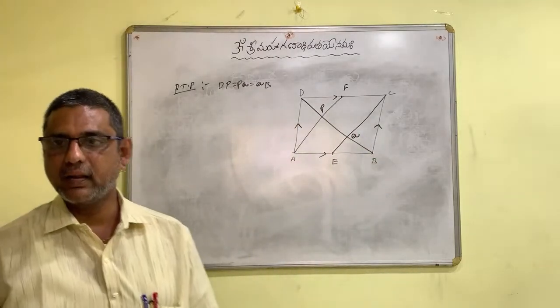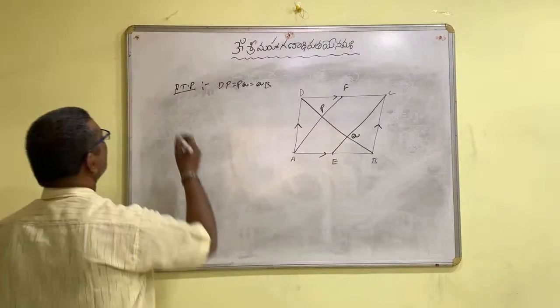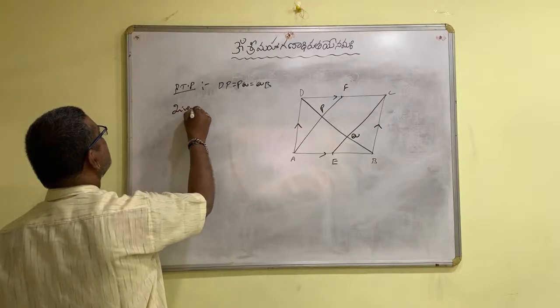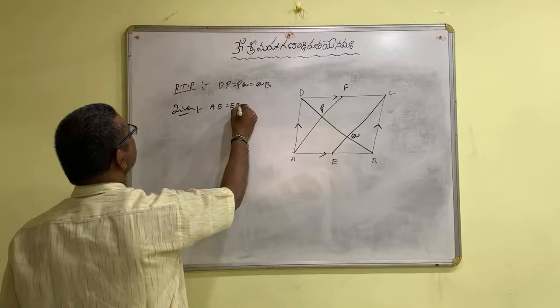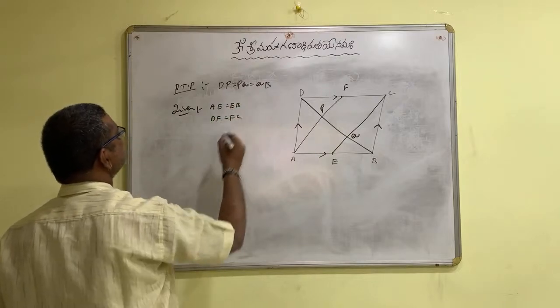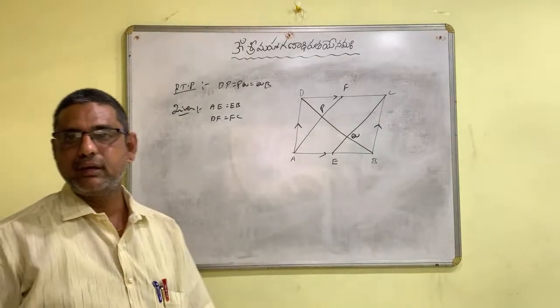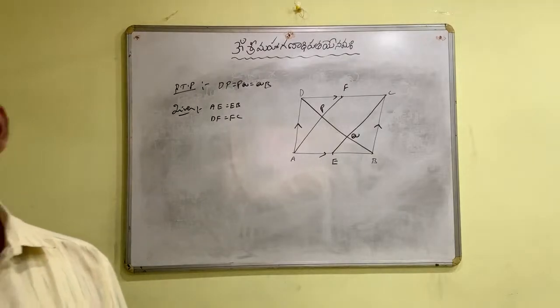Opposite sides are parallel and equal. What is given? AE is equal to EB, DF is equal to FC. This is given. E is the midpoint of AB, F is the midpoint of DC. That is given.